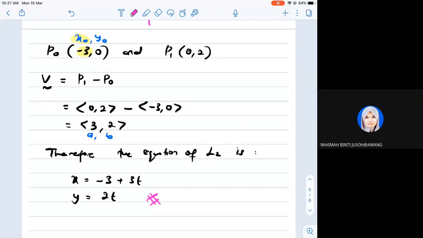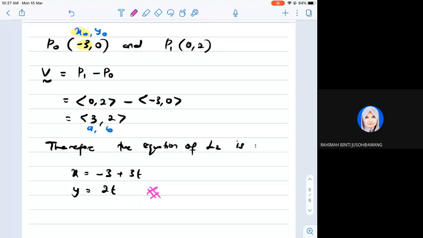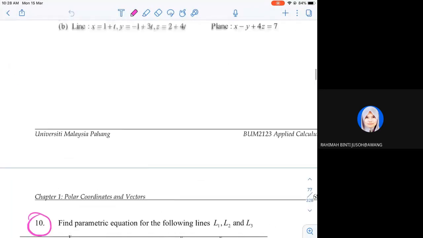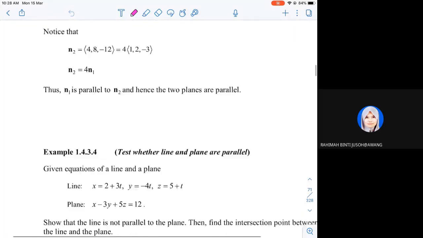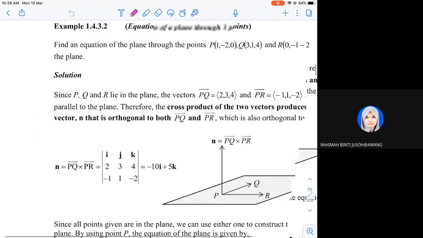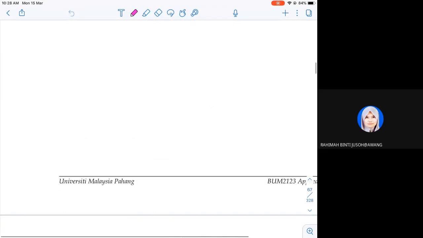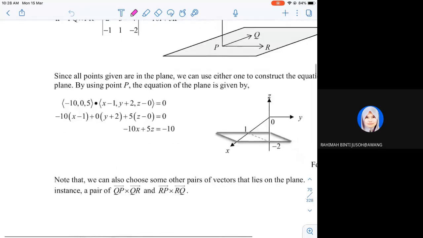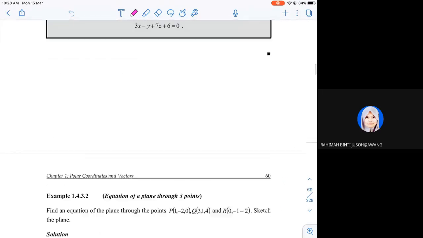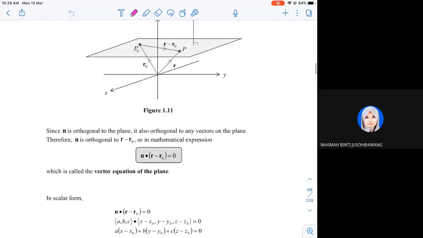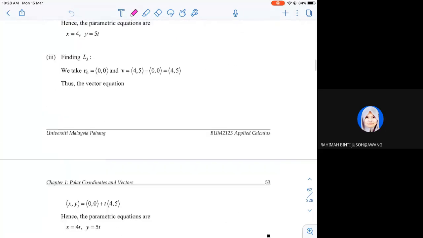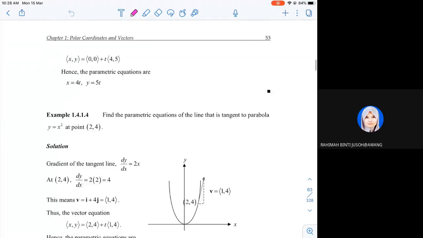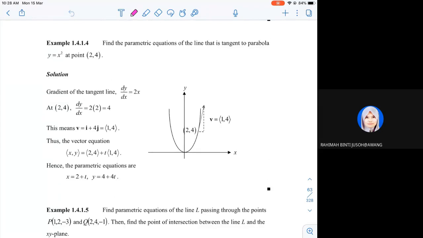Okay, next. Look at the next example, 1.4.4.